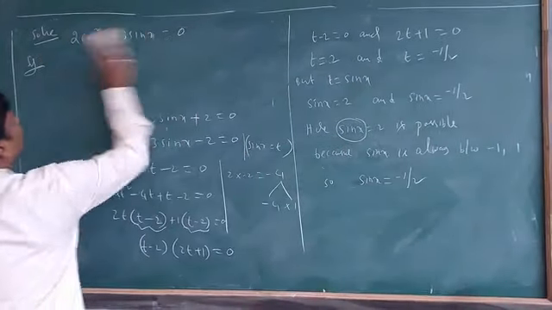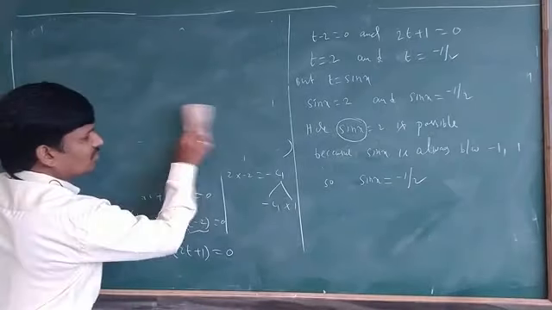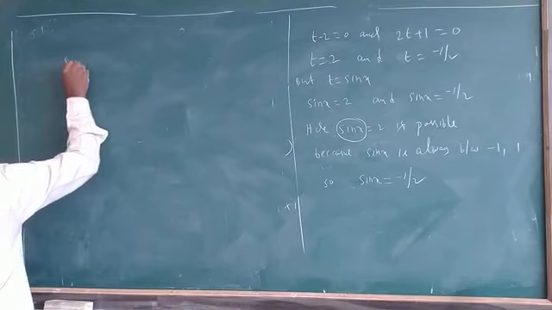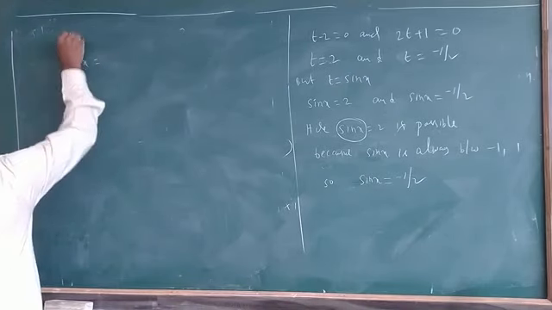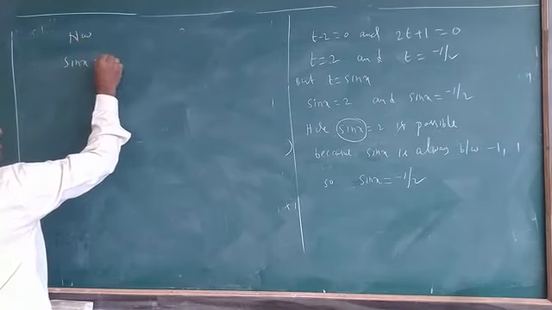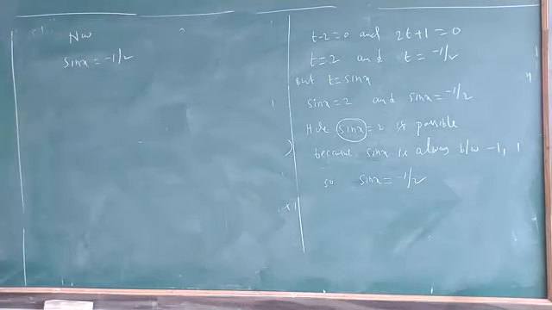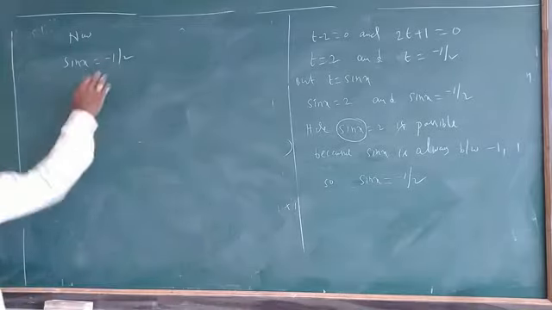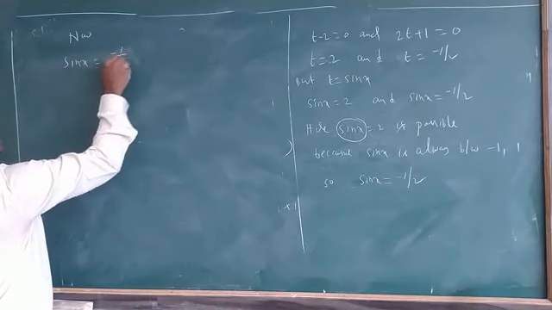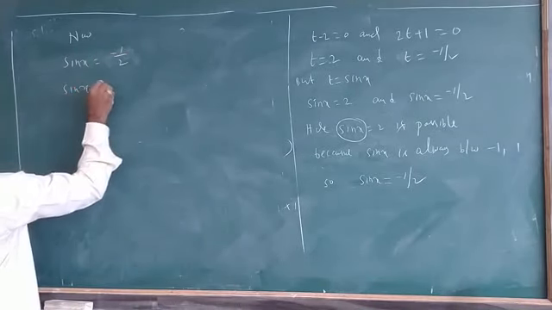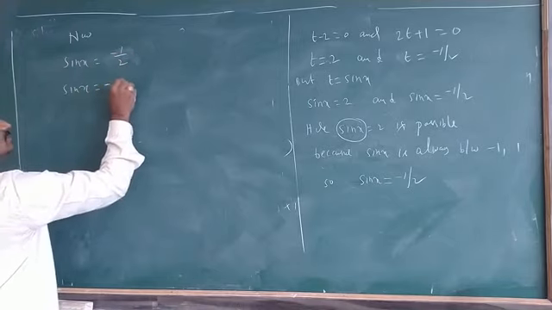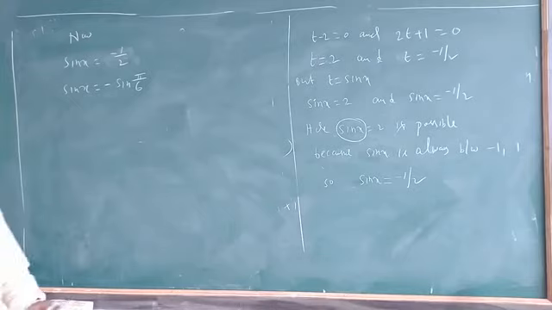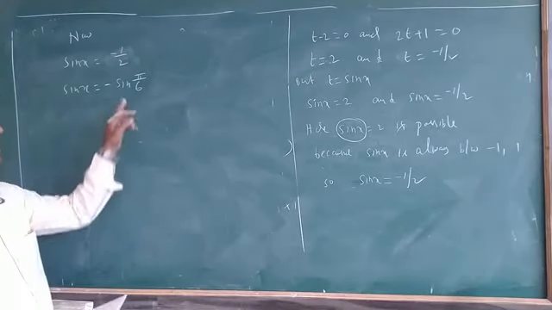To solve that, what am I doing here? Sin x is equal to -1/2. Leave the minus like this way. 1/2 means sin pi by 6, sin 30 is 1/2.